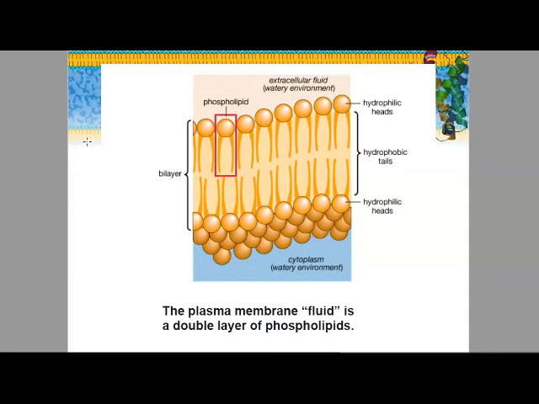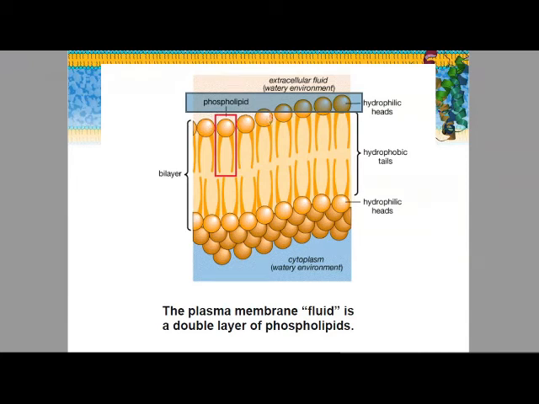So the hydrophobic tails of the fatty acids of the phospholipids are facing inwards in the opposite direction in the phospholipid bilayer, and the hydrophilic heads, made by the glycerol and the phosphate group, are facing either side of the hydrophilic environment where the cell is exposed.